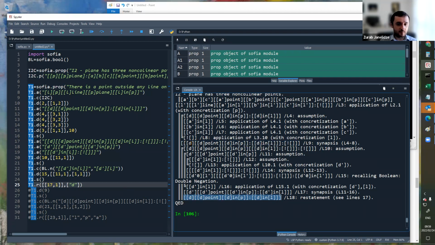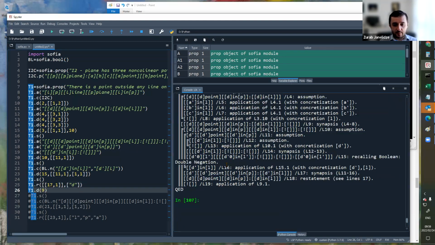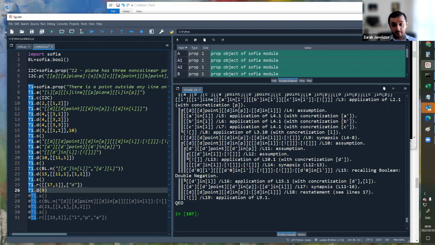Because line 9 is stated in terms of d. And indeed, the next step is just to apply line 9. In line 9, okay, a question for everyone. How come with this application, we only have one parameter? In other words, we're not doing concretization. In all the other cases, when we were applying implications, we always were specifying what value the free variable that we had there should obtain.